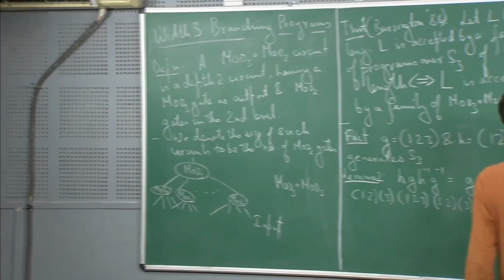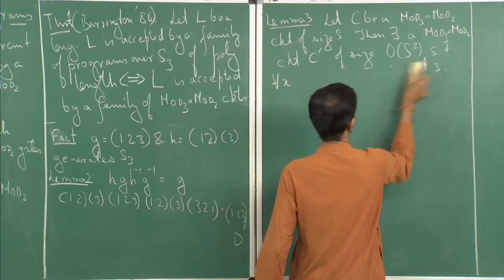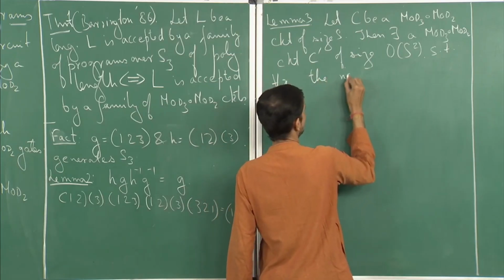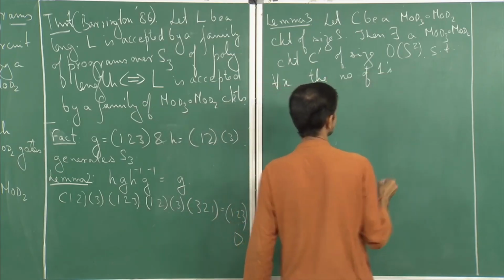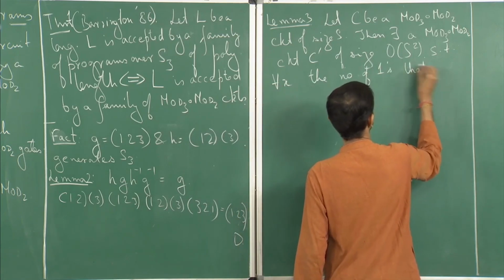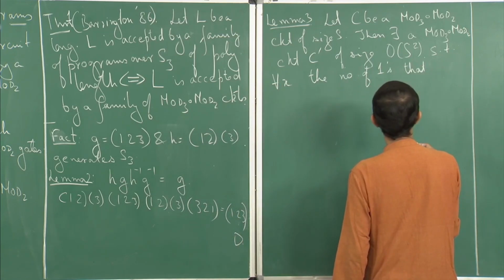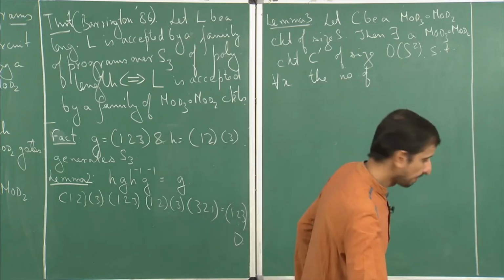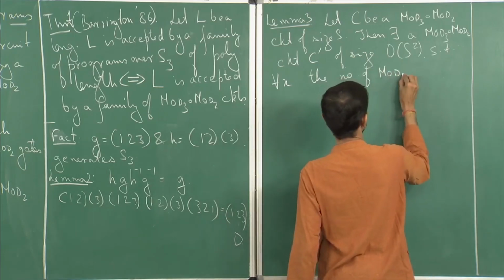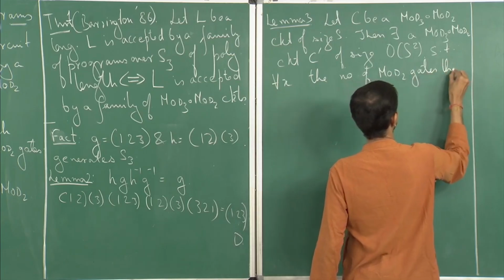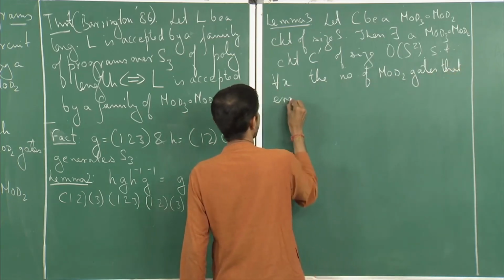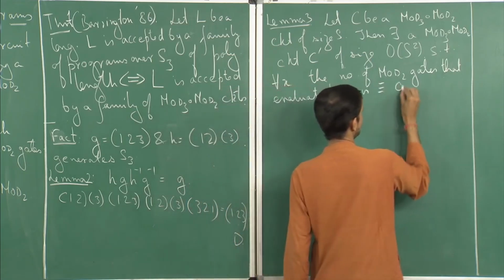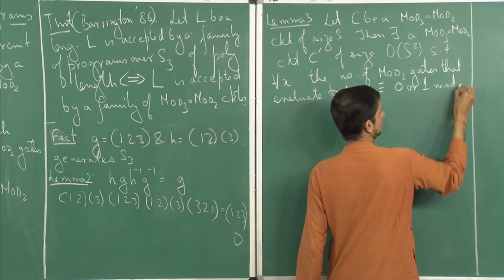So, then maybe I should state this a little differently. Such that for all x, the number of mod 2 gates that evaluate to 1 is congruent to 0 or 1 modulo 3.